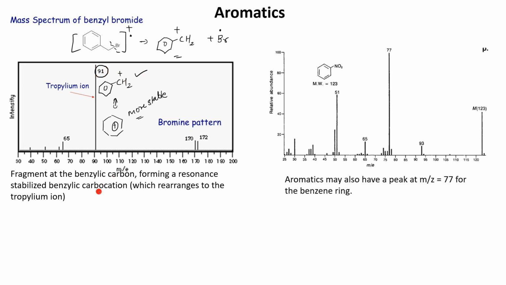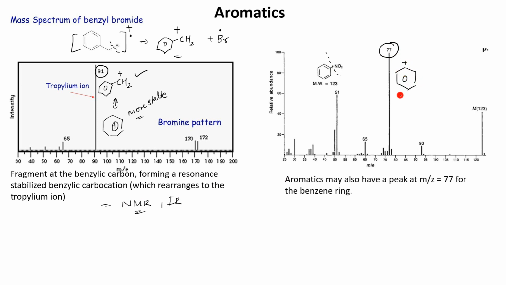Of course, you cannot rely only on mass for this. You have to go for other data also, like NMR, IR. A combination of all the spectroscopic techniques gives you the final structure. Another important thing to remember is that if you have a benzene ring, you always get a peak at 77, which is more stable.